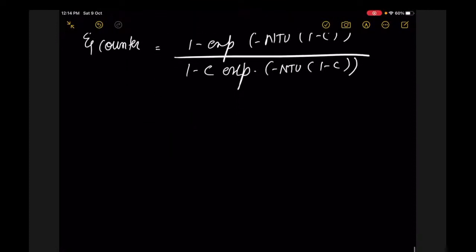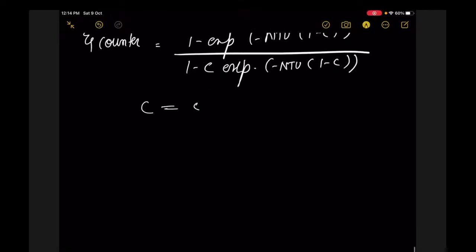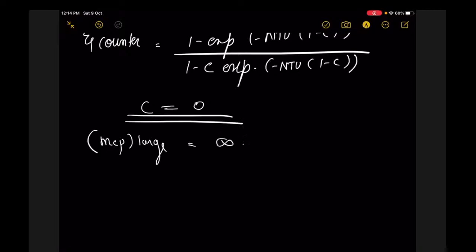We should also find the extreme points. If C equals 0, it means MCP large is tending towards infinity. 1 by infinity is 0.